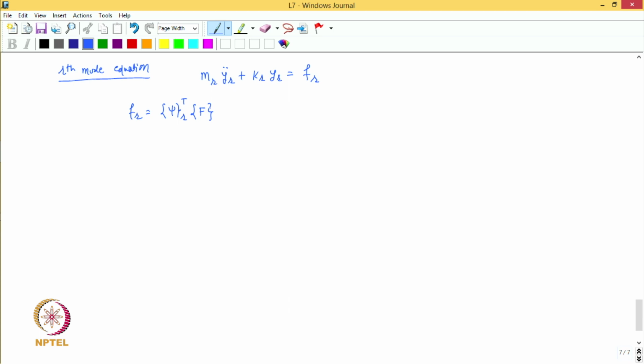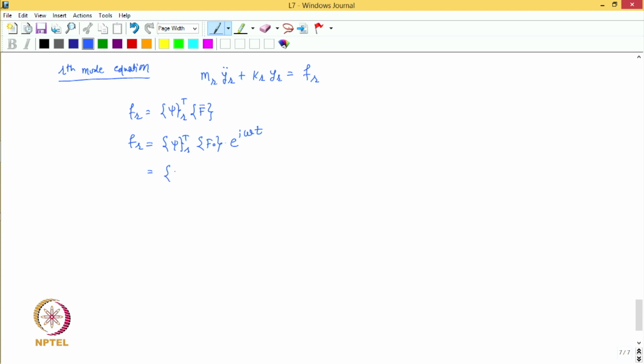If I take the force to be a complex exponential force, then Fr can be written as psi r transpose f naught e to the power i omega t.